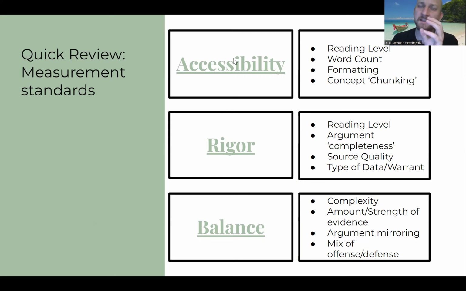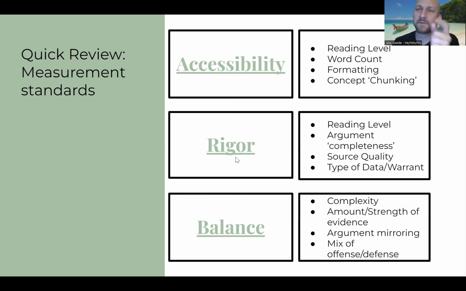So the first main area is accessibility, definitely the most important one for evidence packet creation. As part of accessibility, we're thinking through things like, what is the reading level? What is the word count? Is the formatting standardized and accessible, which Verbatim will largely do for us? And then, are the concepts chunked? Are things put together in a way that students can read it and naturally understand it, right?